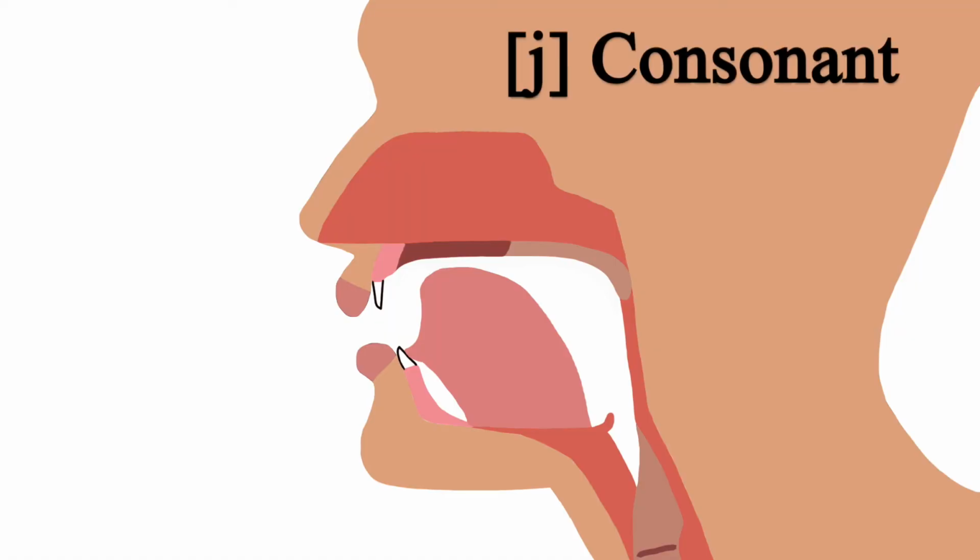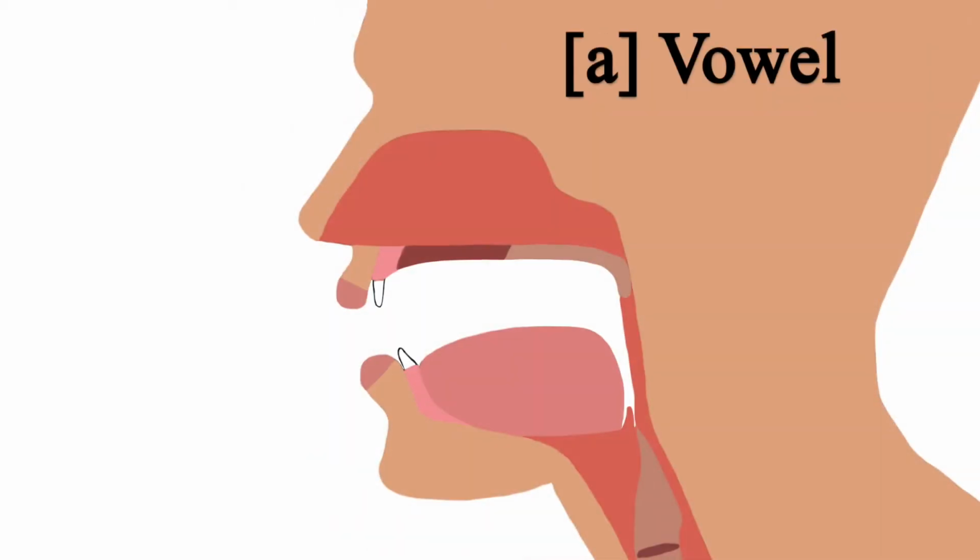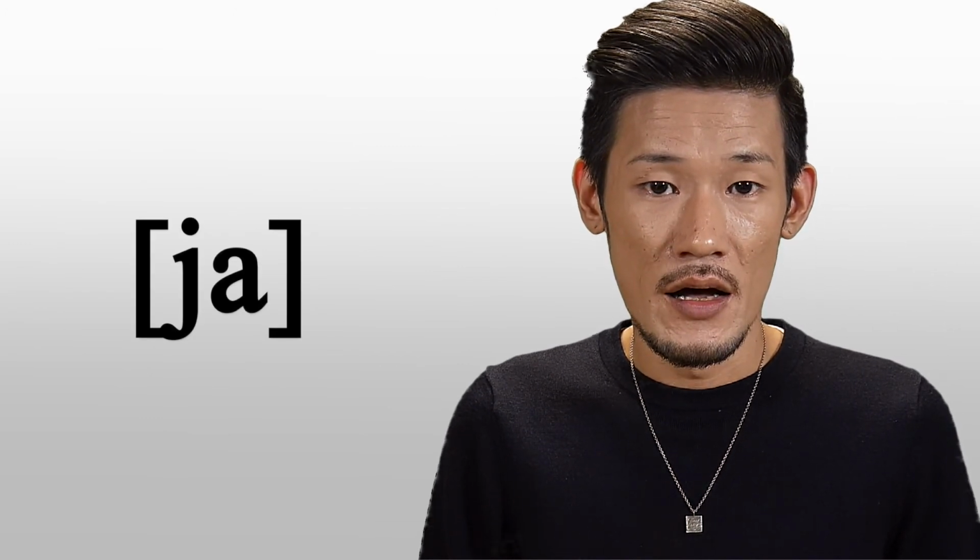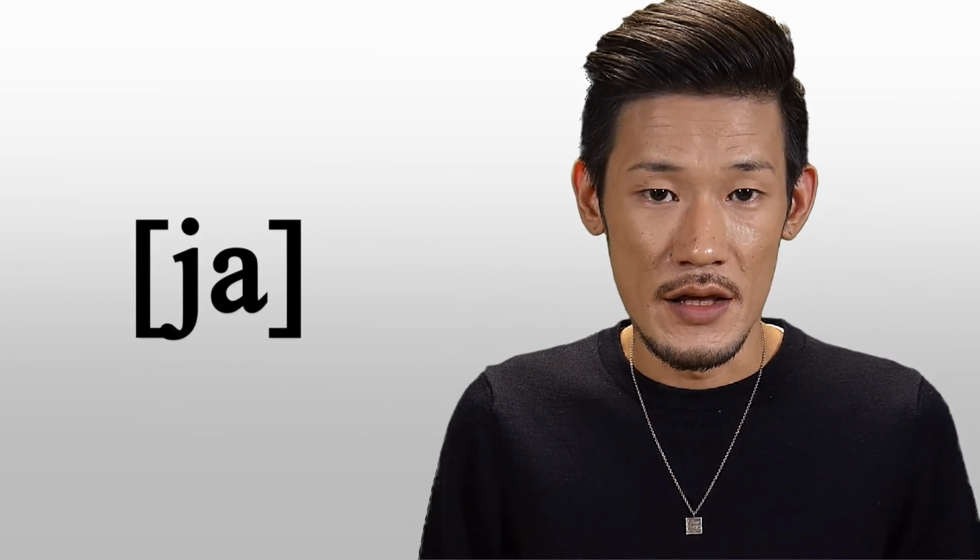For example, the Y sound, as in ya. With this sound, you first make the tongue position of the E vowel, and then the tongue quickly moves to make the following vowel sound. Ya, ya, ya.